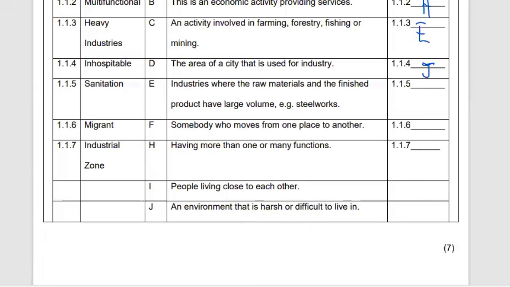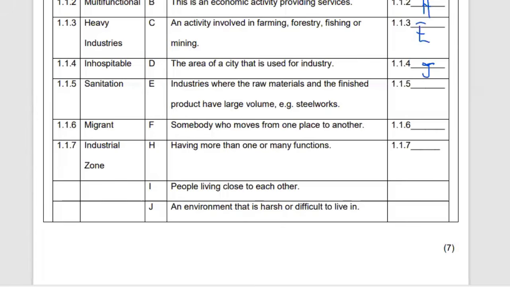It says an environment that is harsh or difficult to live in. Those are places which are harsh, for example the desert areas. They are arid, they are very dry. Water is a scarce resource. They are inhospitable.